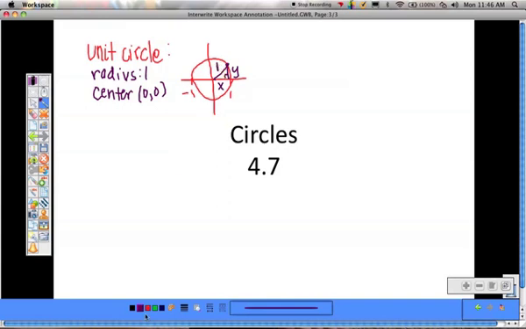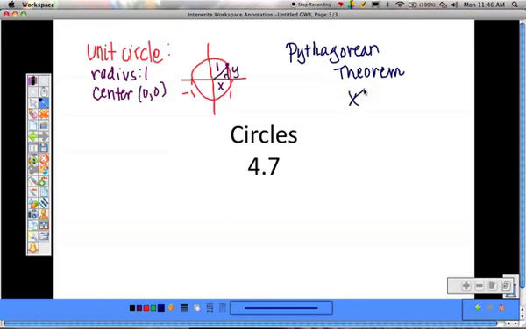We're going to use the Pythagorean theorem. Pythagorean theorem we can use for a right triangle. And we have a right triangle here. The two legs of the triangle are x and y.